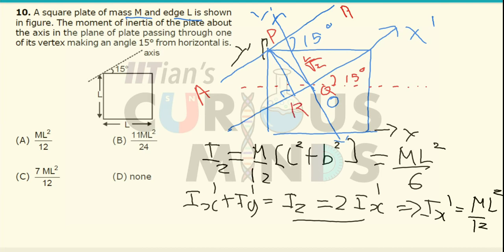Since the angle over here is 90 degrees, the perpendicular distance will be equal to L by root 2 cos theta, if I take this angle as theta.